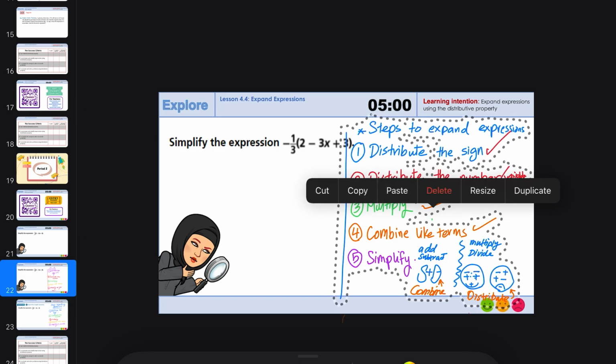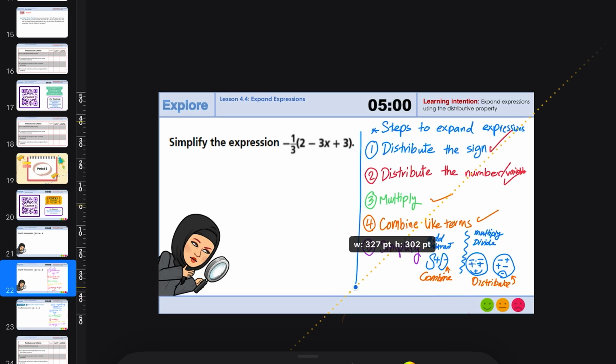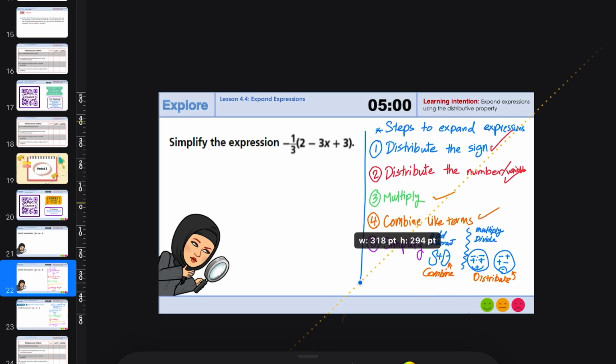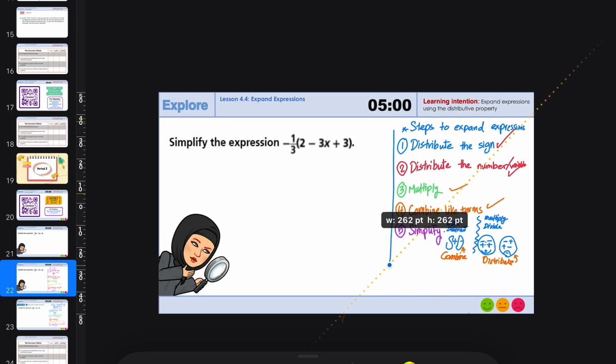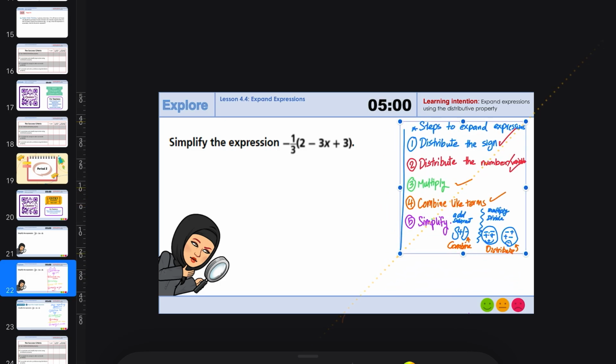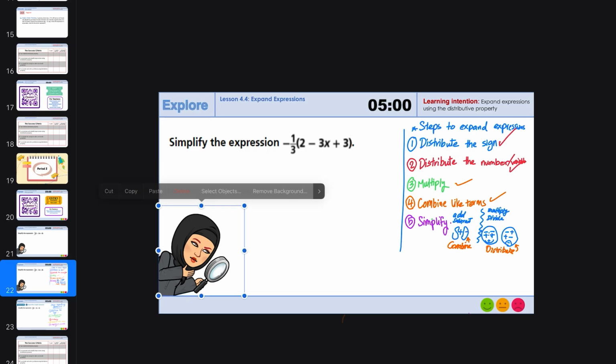Just make them smaller to fit, maybe way smaller. This is good. It's just, sorry Miss May.